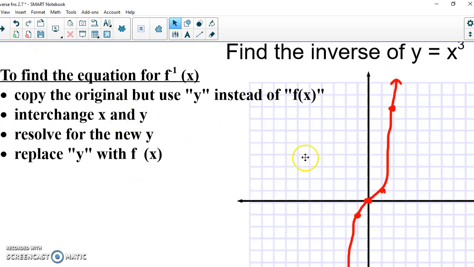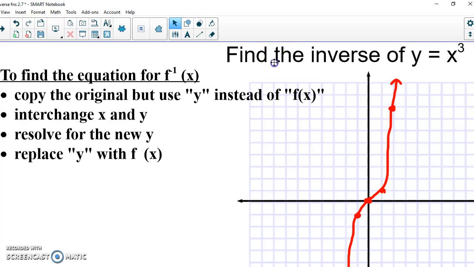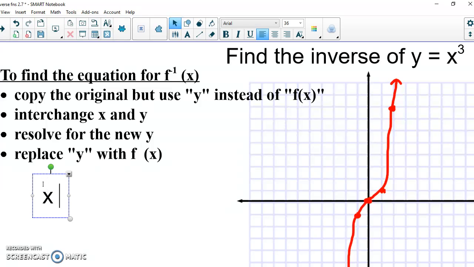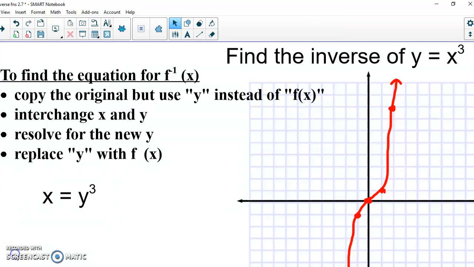Okay, so let's say that I have a problem where I'm trying to find the inverse of y equals x cubed. The basic way to do that is to start with your original function, using y instead of f of x. We've already got this set up like this. Then we switch the x and the y. So I'm going to type x equals y to the third. Okay, so I've interchanged x and y, and then I just need to solve for y.